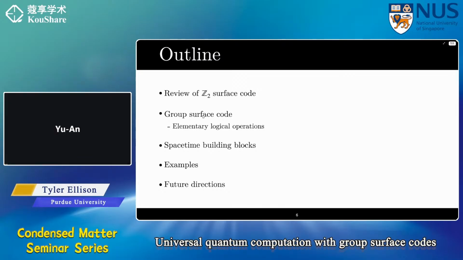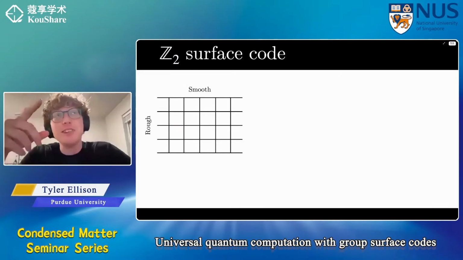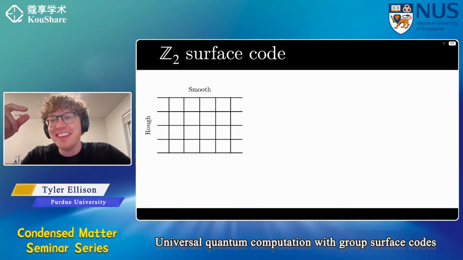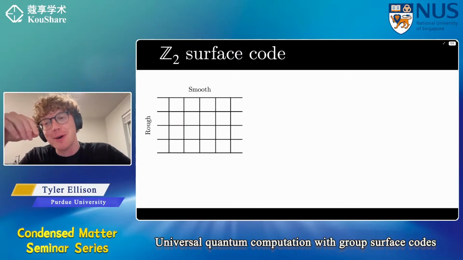I have a quick question about the definition of a surface code. Does this imply the open boundary condition, or do you still use the torus geometry? So here's how we'll define the Z2 surface code. Yeah, it's rough and smooth boundaries.